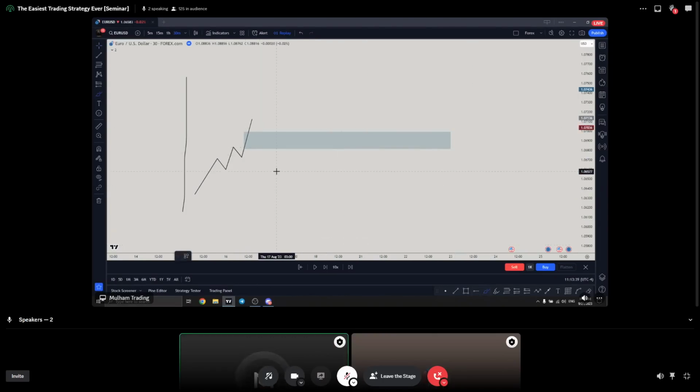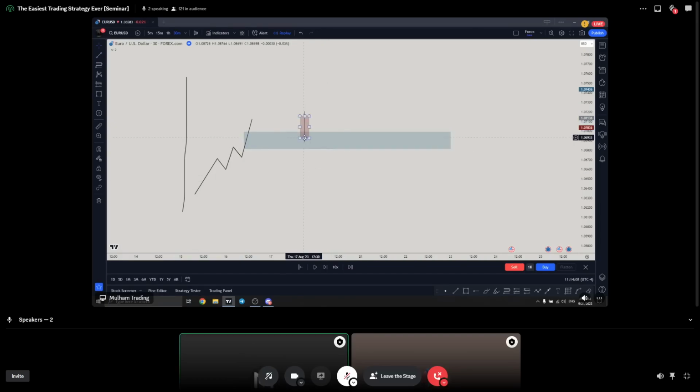Now, this fair value gap right here, as we said, is the first fair value gap of the week. How do we enter from this? There are different approaches. The first one is the simple approach. This is basically when we have a candle that closed above, and then it has a rejection.